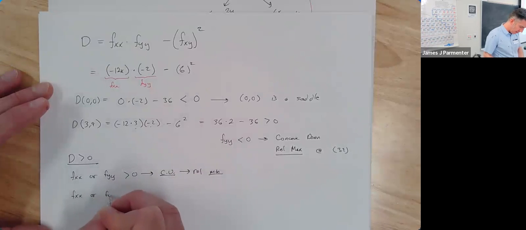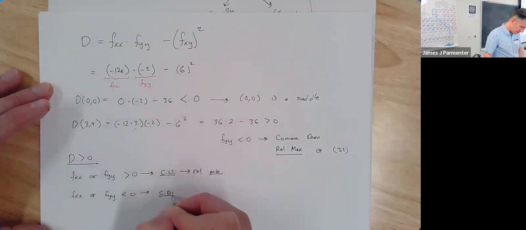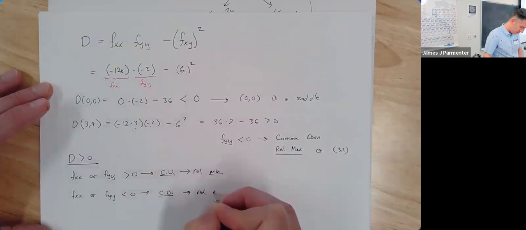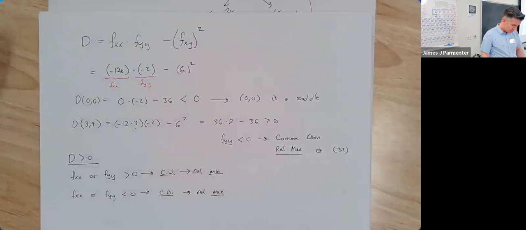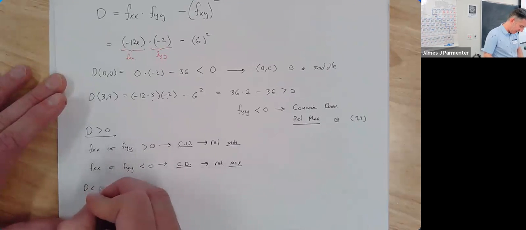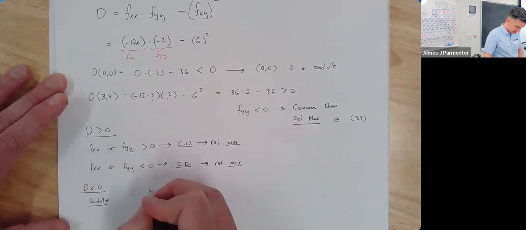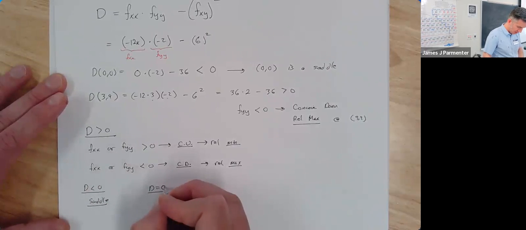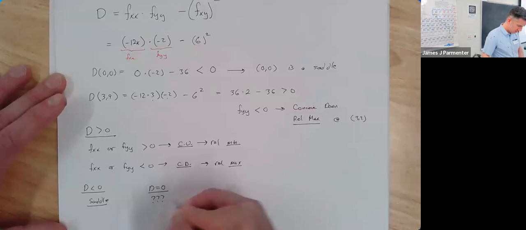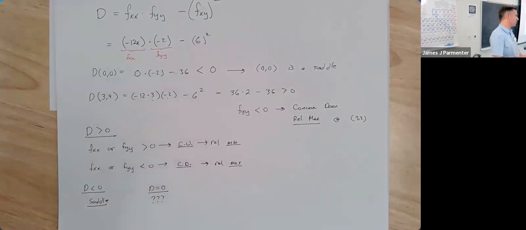If either one of them is negative, then we are concave down, which means we have a relative maximum. And then if D is negative, we have a saddle. And if D is equal to 0, we are sad because it's inconclusive. Kind of like when the ratio test is equal to 1. Inconclusive.